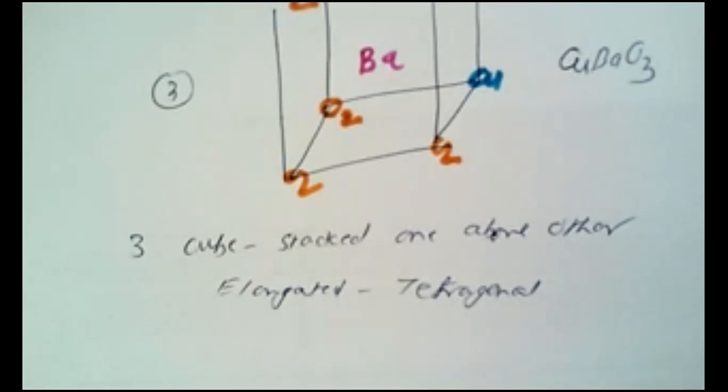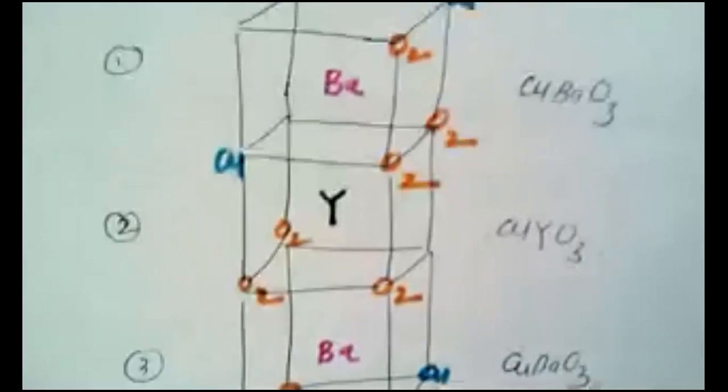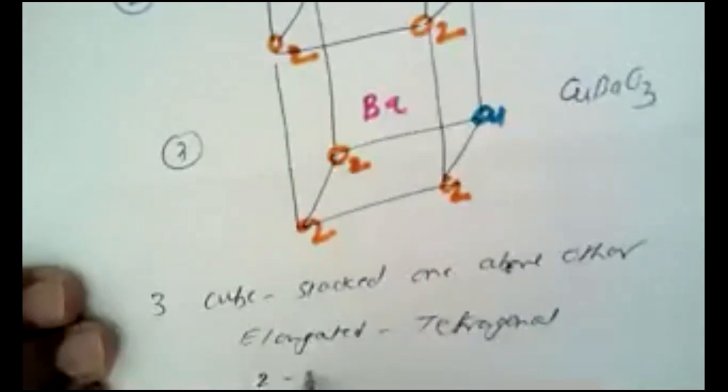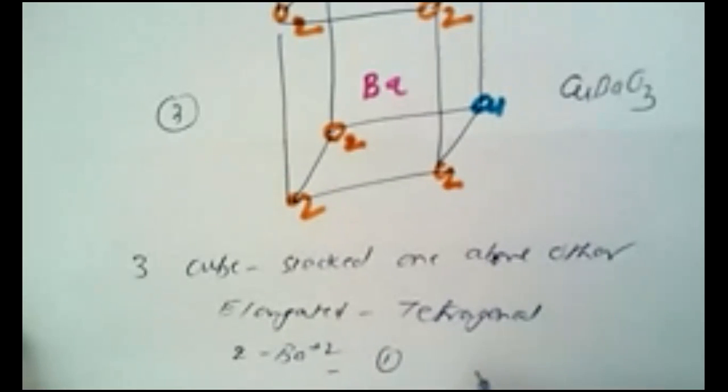Now, what is the peculiarity? There are three cubes which are stacked one above the other. The peculiarity of this structure is that the two barium atoms, having oxidation state +2, are present at the center of the first and third cube, which I have shown here.